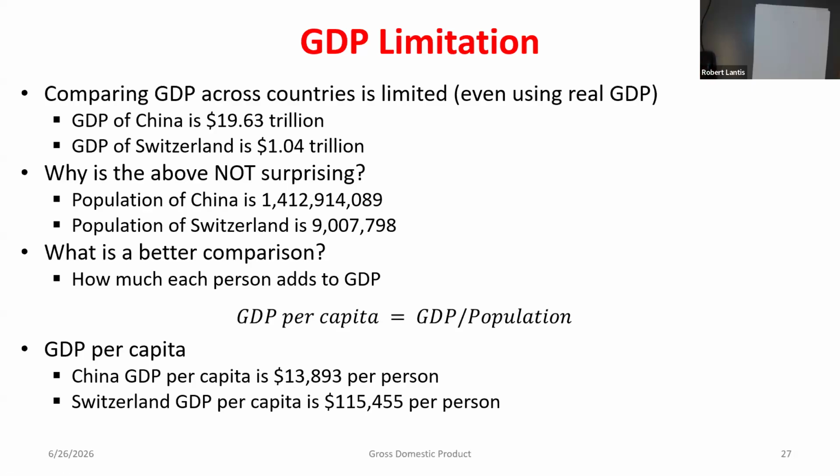So if I'm using this more accurate capture of GDP, how much each person is adding to GDP, it looks like Switzerland's economy is doing better. So just giving another example where we have some slightly smaller, easier numbers to deal with.